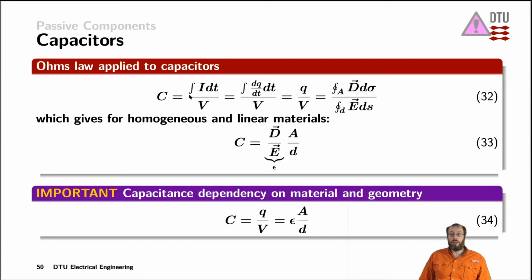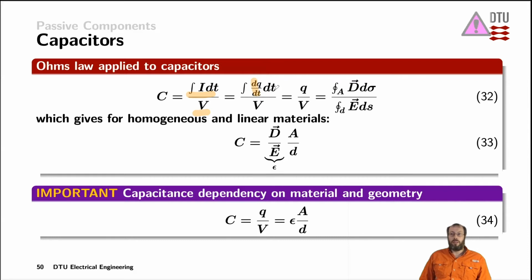Putting these two equations again into Ohm's law and remembering that the current can be derived from the charges, we have Ohm's law here first, which is the integral of current over time divided by the voltage across the resistor. And we can replace the current through the capacitor by the time derivative of the charges flowing through that capacitor.